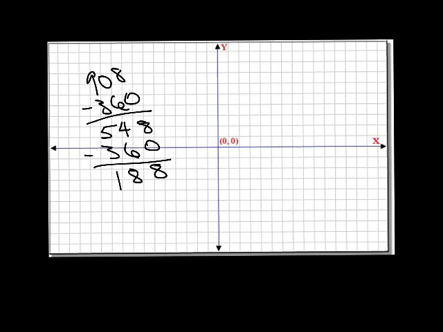And then I'm going to say, can I take 360 from that? No. So this is going to be the smallest coterminal angle with 908. You just keep subtracting 360 from it until you get a number smaller than 360, and that is the smallest angle that is coterminal or the same angle as the 908.